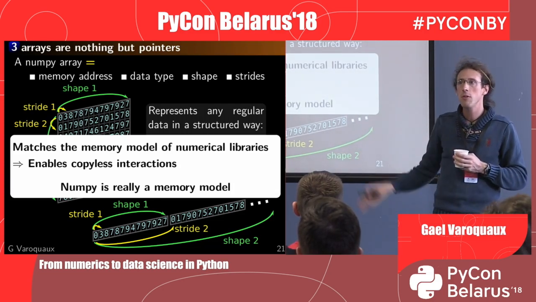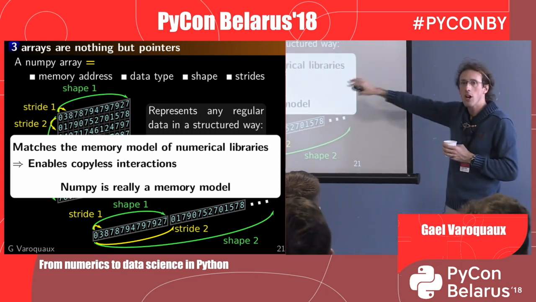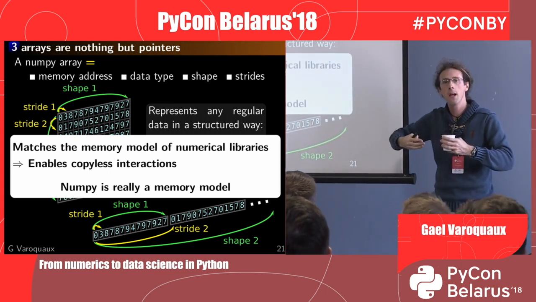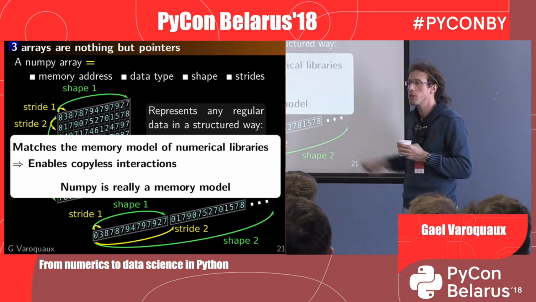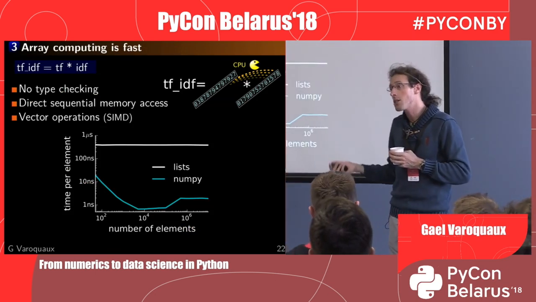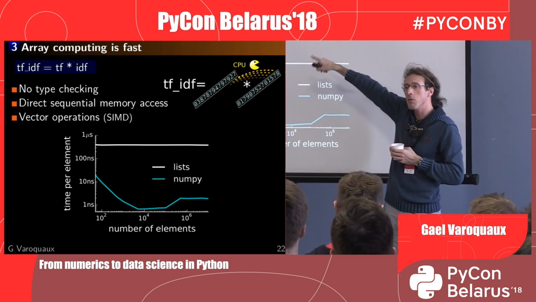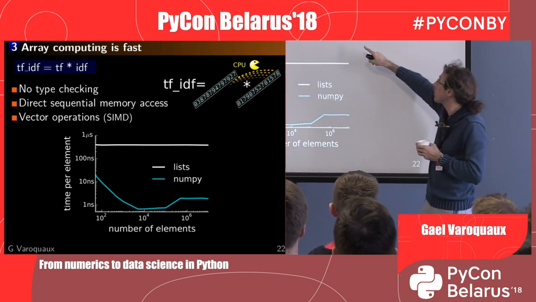The numerical libraries that have been built for years and years in scientific computing can be used without copying the data, because we're just giving them the pointer. This is one reason why we're efficient. So in my opinion, NumPy is really a memory model. In-memory computing is extremely fast because we don't need to do type checking when we do this, but also because it creates direct sequential memory access.